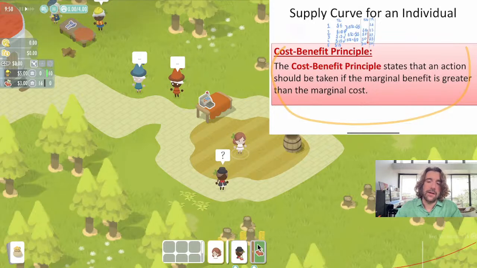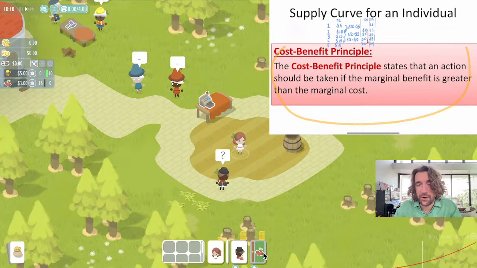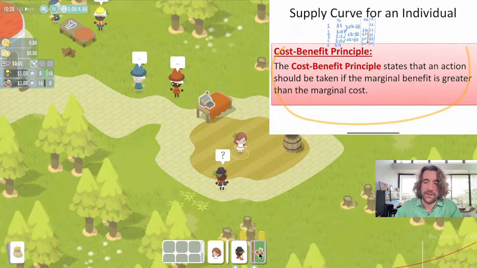If I click again on the worker, you're going to see here how the worker is allocating his time. We are not going to talk at this stage about leisure and work decisions. We're just going to assume that this worker wants to work all the time. So the entire schedule is devoted to producing red berries if he could find some employment, which at the moment he hasn't been able to find.